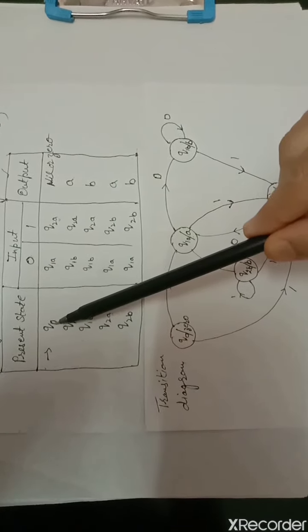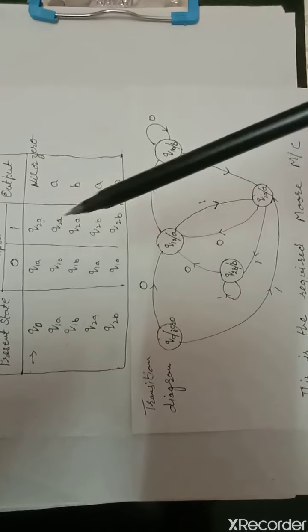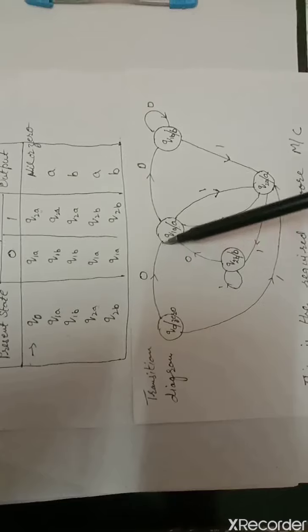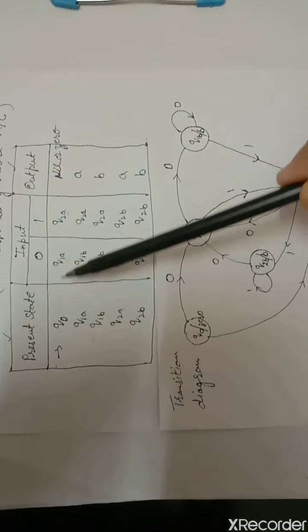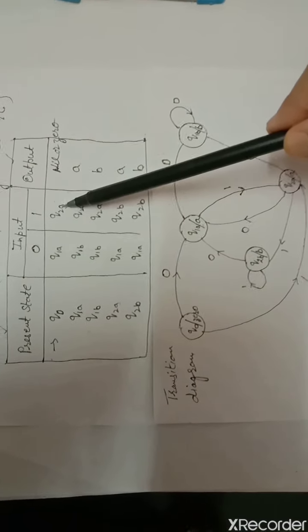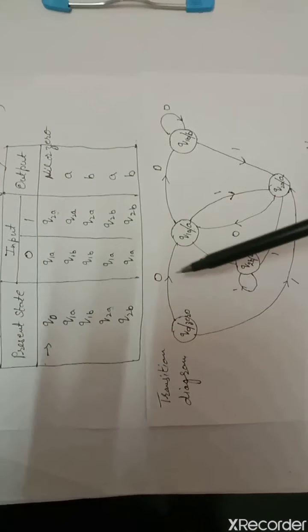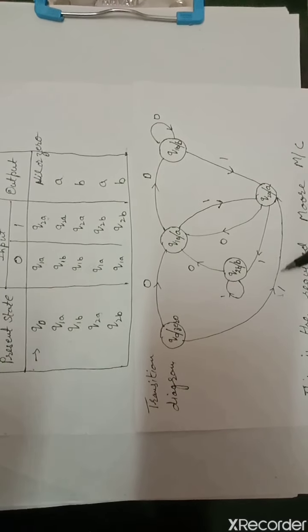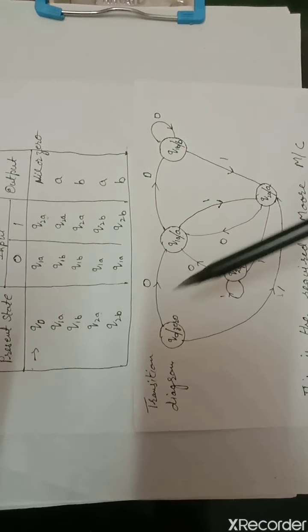With 0 input, Q0 moves to Q1A. With 1 input, Q0 moves to Q2A.